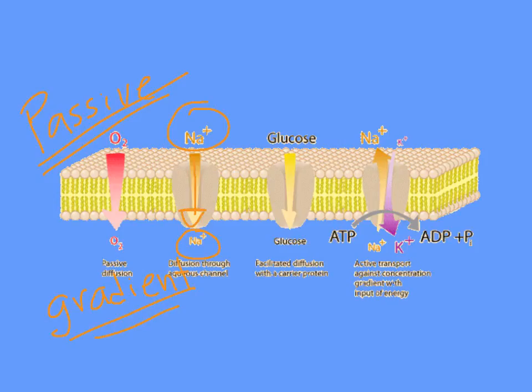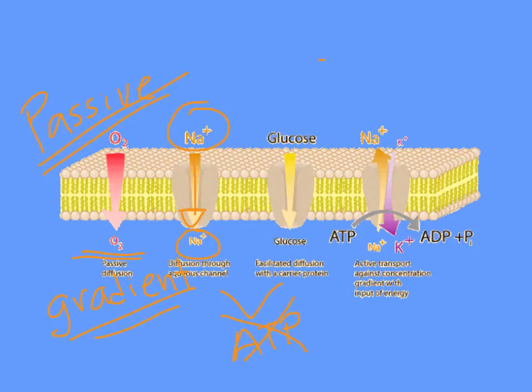This can happen in three different ways: just crossing the membrane, which is known as diffusion, or using a protein that could be a channel or a carrier protein, which do not use ATP either.